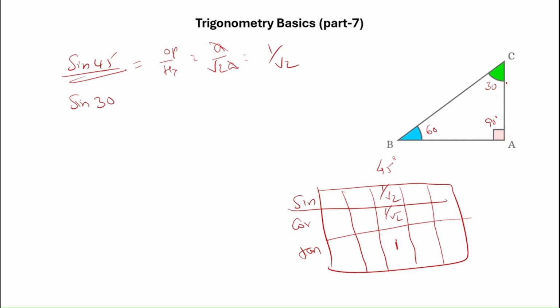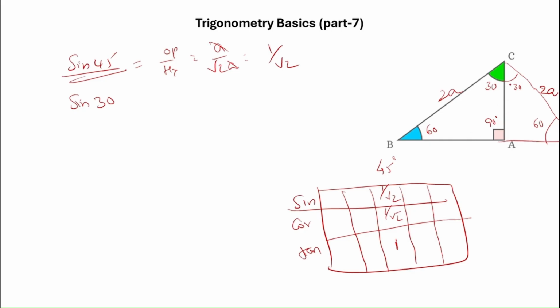Now I will extend the triangle by another 30 degrees, so that it becomes 60 and the third angle also becomes 60. Now it is an equilateral triangle of 60, 60, 60 degrees, so all sides are equal. I will take each side as 2a.